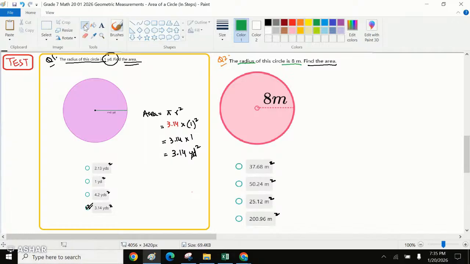We just need to use the formula: area of circle is equal to pi r squared. And we know the standard value of pi, which is always 3.14, multiplied by the radius. Radius was 8. Do not forget the square. Help me out with the answer. Option A, B, C, D. Which should be the correct answer?